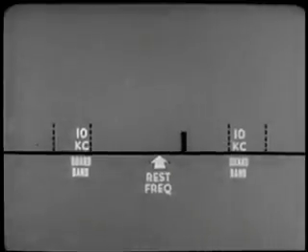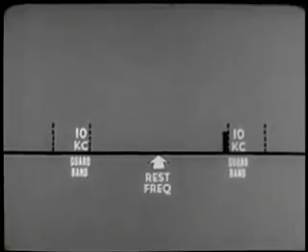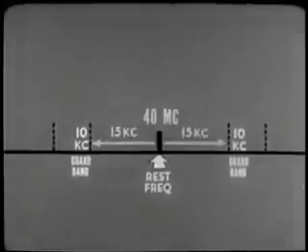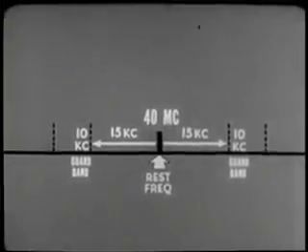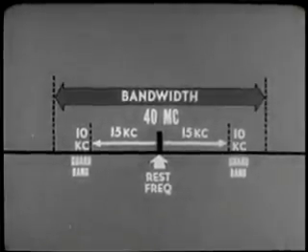This typical channel will allow the carrier a 15 kilocycle deviation above and below its rest frequency. Add to this the 10 kilocycles on each end for guard bands, and the total bandwidth is 50 kilocycles.